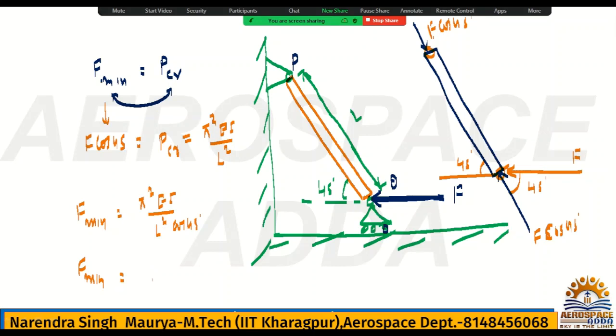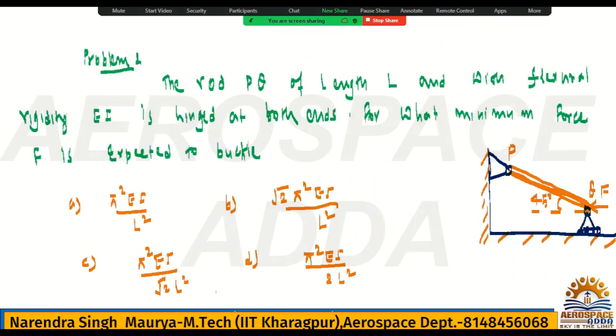Cos 45 is 1 by root 2, so it will be root 2 pi square EI divided by L square. This is your answer. Check option B. This is your answer. Yes or no? Done? Yes, sir, done.